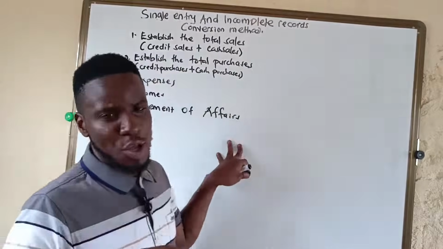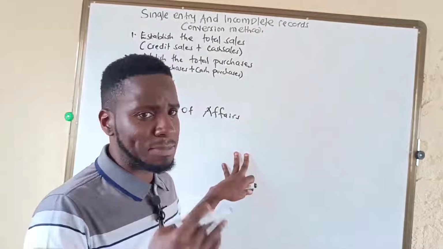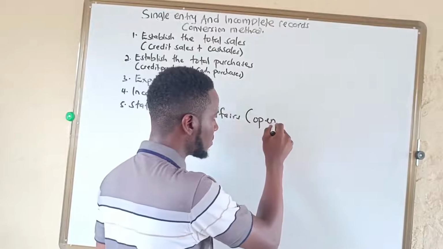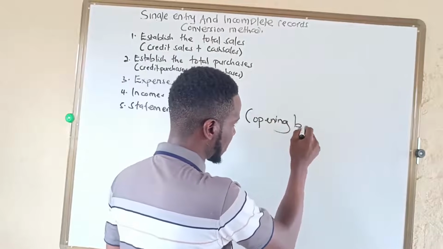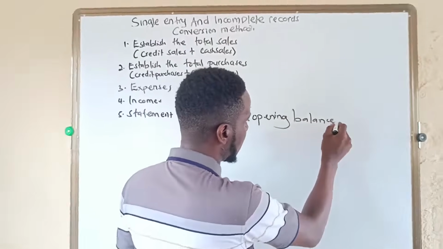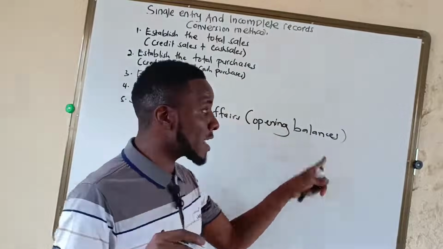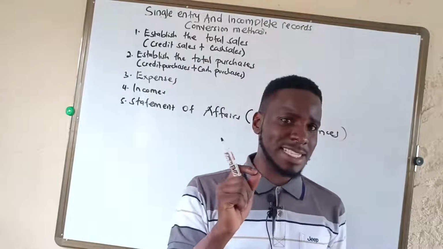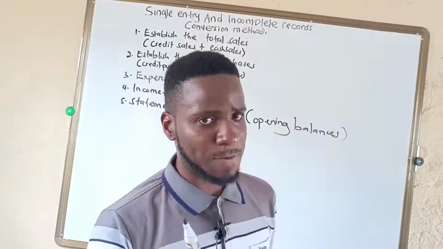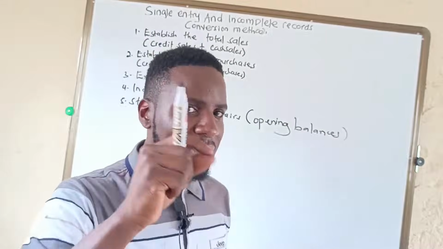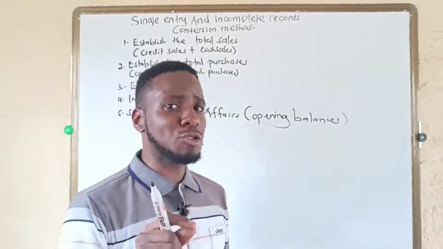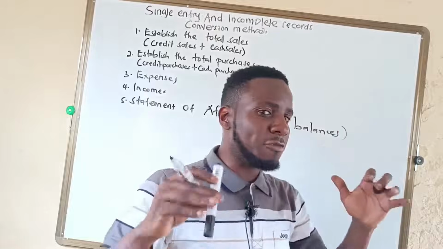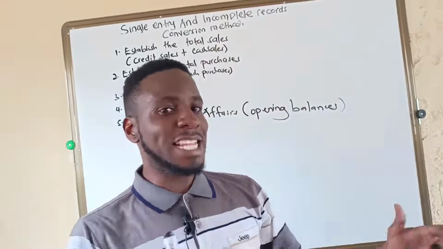Now, here, when we are preparing the statement of affairs, actually we are going to prepare using the opening balances. Now, we are looking at establishing the opening capital, not the closing capital. As much as the statement of financial position is going to be at 31st December, the opening capital is required.